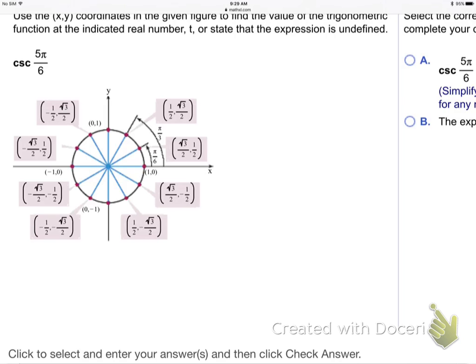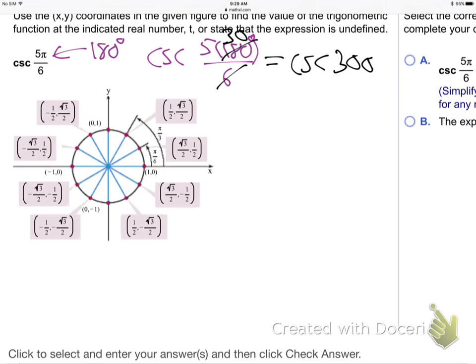All right. So put in a 180 for pi. We get cosecant of 5 times 180 over 6. Good so far? And then 6 goes into 180 30 times, 5 times 30, this is 300 degrees again. So here's 270 straight down, right?